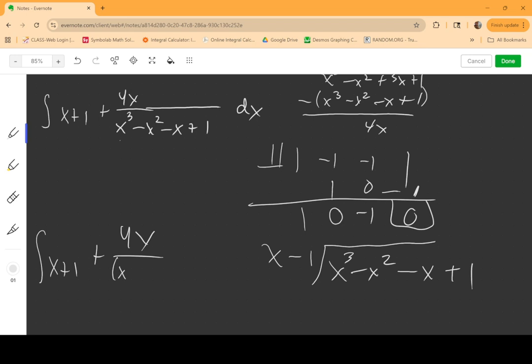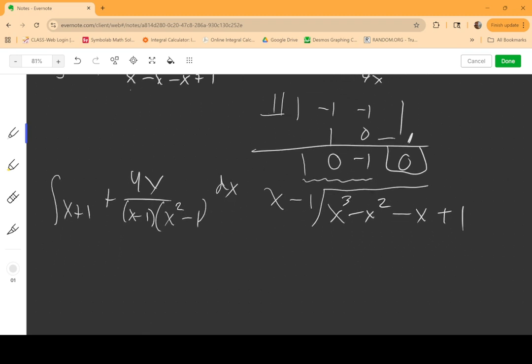The synthetic division tells me the remaining polynomial, the quotient, would be x squared minus 1. It's always reduced by 1 degree. So I start off with a cubic, so this resulting polynomial is a quadratic, where the coefficient of the x squared is 1, there's no linear term x, and the constant term is minus 1. Okay.